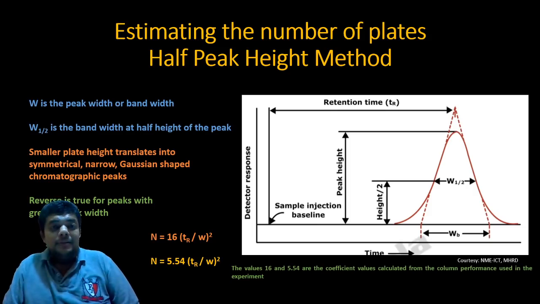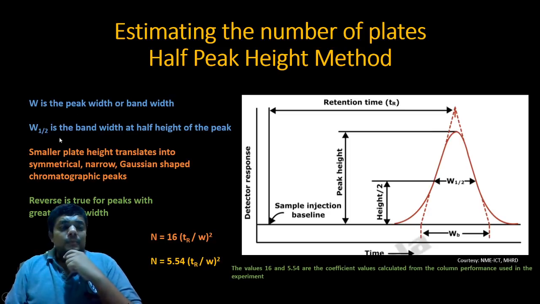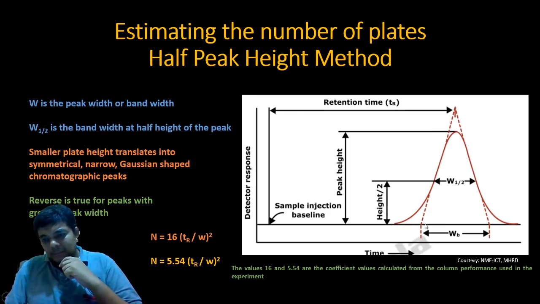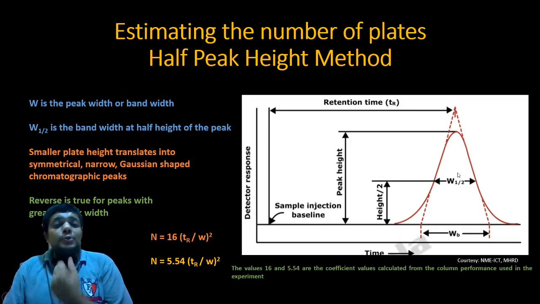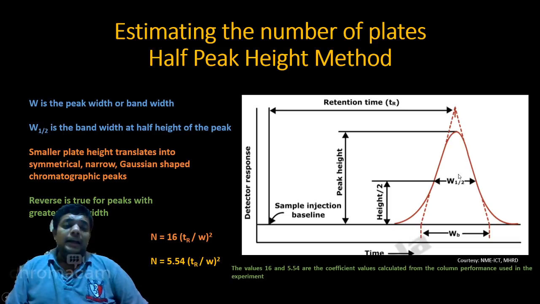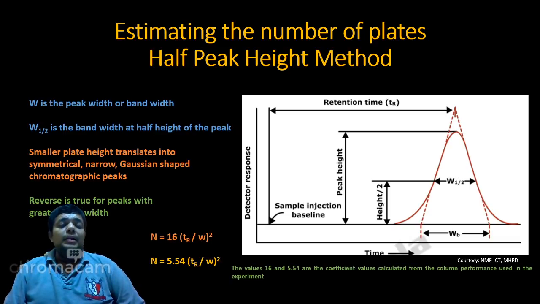See what happens. W is the peak width or bandwidth. So from this particular point to this particular point, this band or this gap is the width. The half of Wb is W by 2. Smaller plate height translates into symmetrical, narrow, Gaussian-shaped chromatographic peaks.